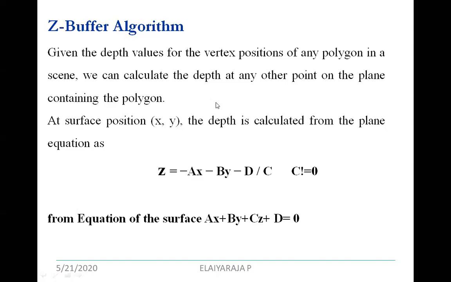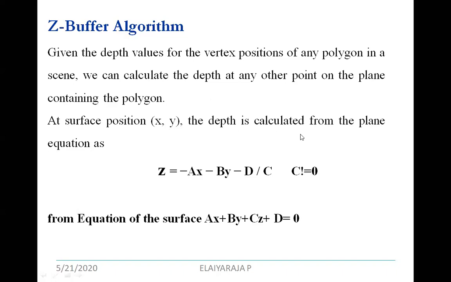Okay, the surface position of the pixel x comma y, the depth is calculated from the plane equation, where you know the plane equation ax plus by plus cz plus d equal to 0.